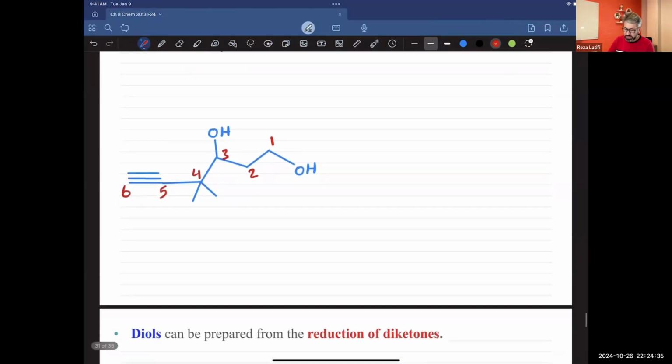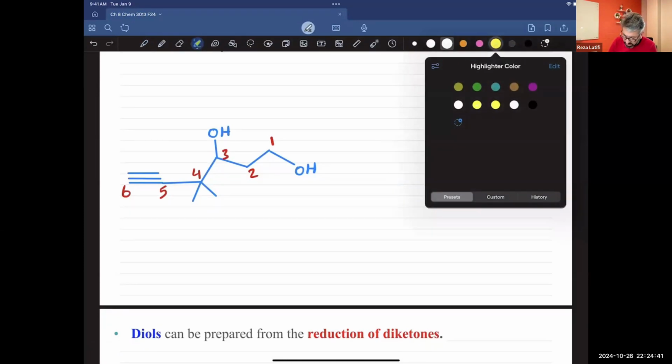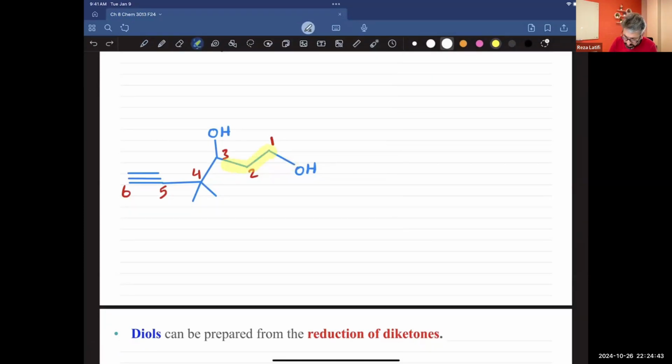I have 6 carbons in the main chain, and on the fourth one, I have 2 methyl groups. So I go 4,4-dimethyl. They are attached to a 6-carbon chain, so you say hex, and then you need to show any functional group. The first functional group is the triple bond, on the 5th carbon.